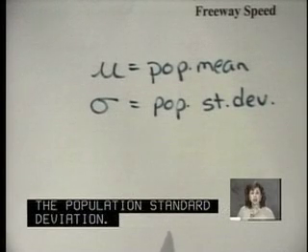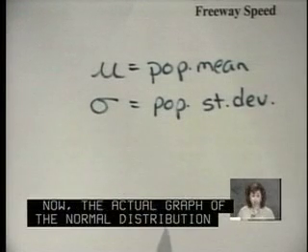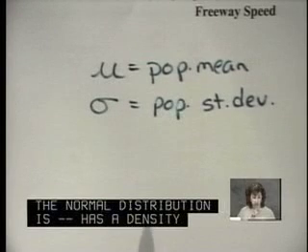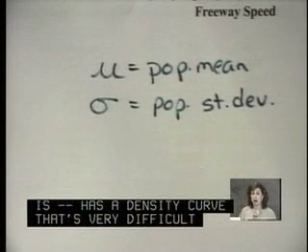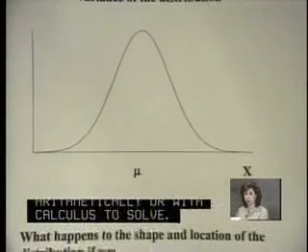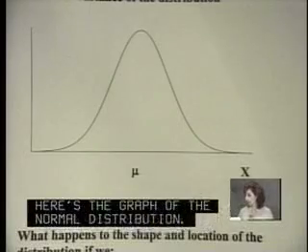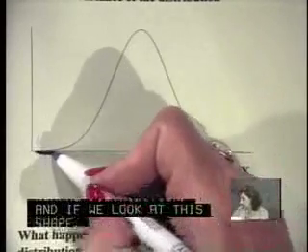Now, the actual graph of the normal distribution has a density curve that's very difficult to solve arithmetically or with calculus. And I want to just show you the graph right here. Here's the graph of the normal distribution.